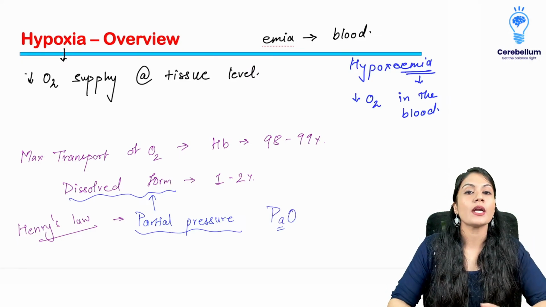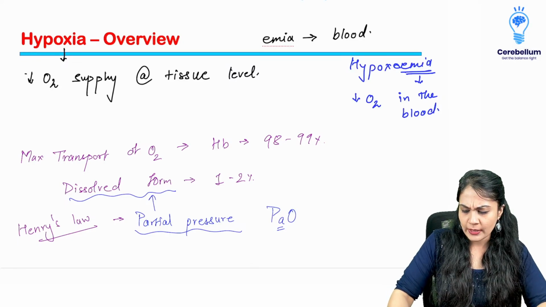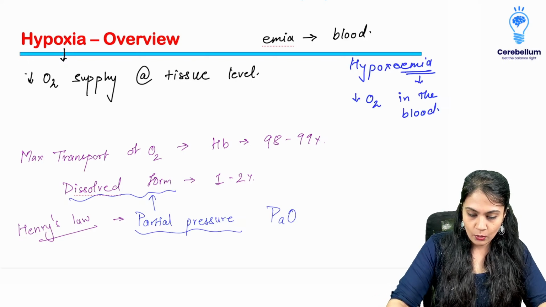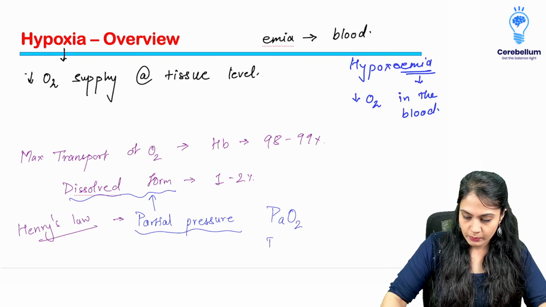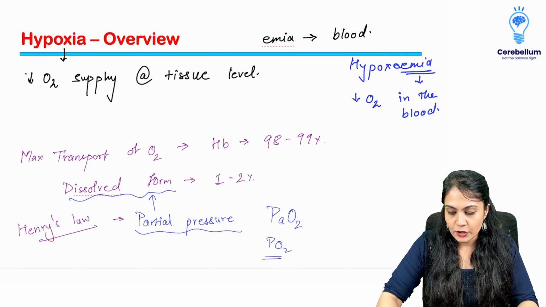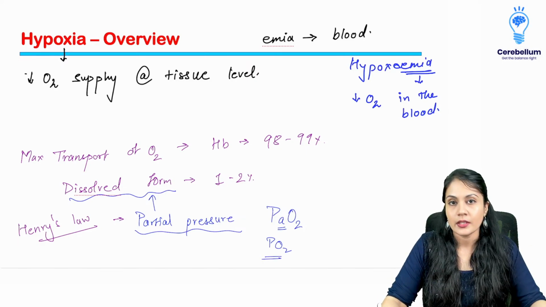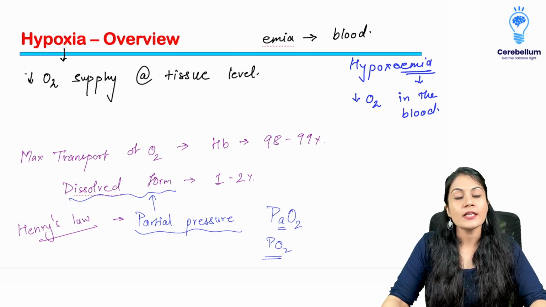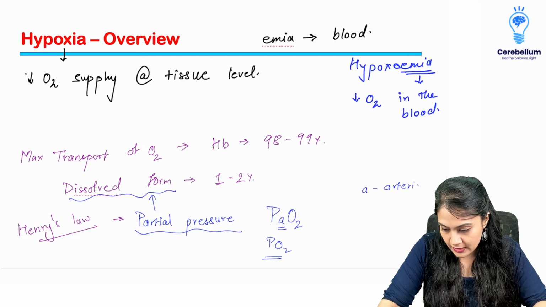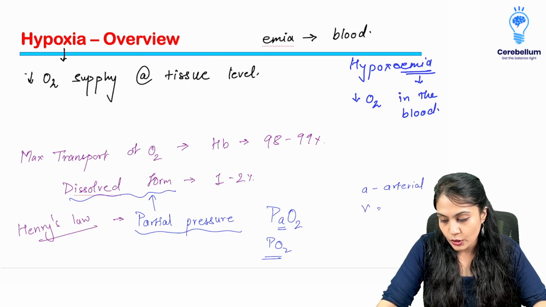When I write either PaO2 or PO2, that means partial pressure of oxygen in the arterial side. Whenever I write small a, that denotes what is happening in the arterial side. And when I denote V, that means on the venous side.